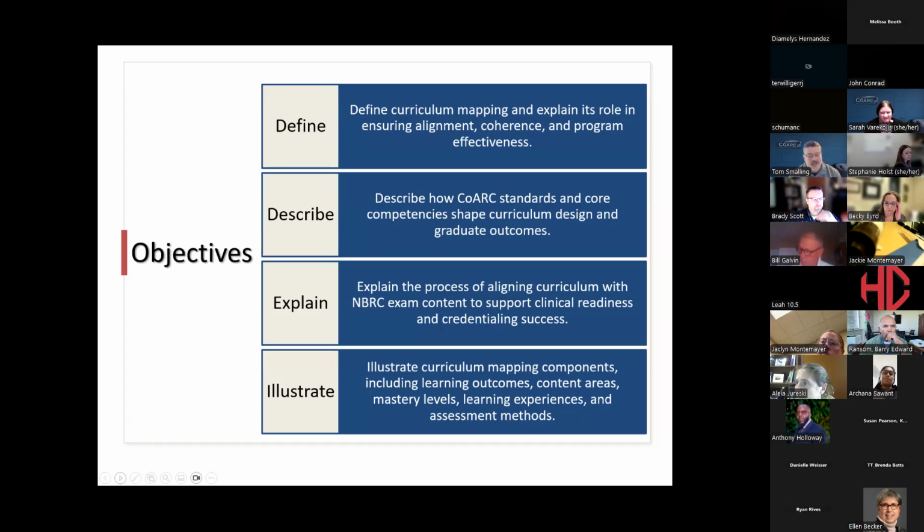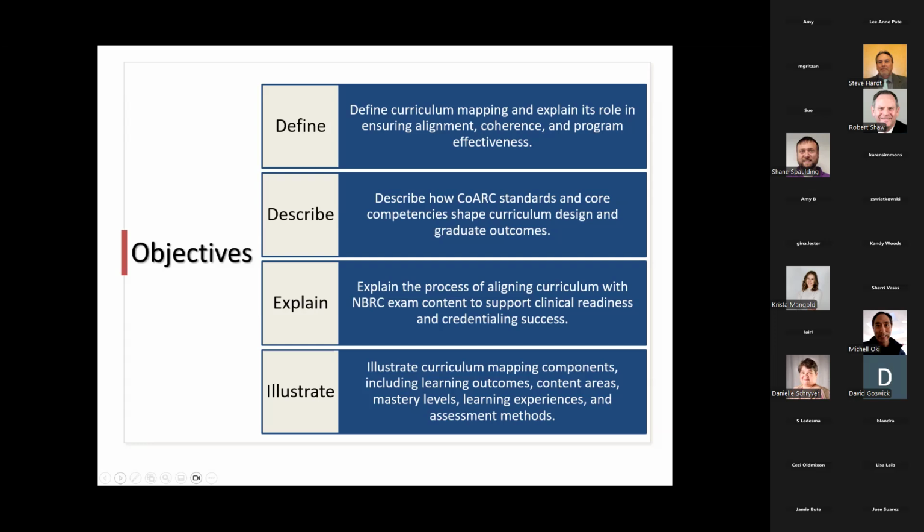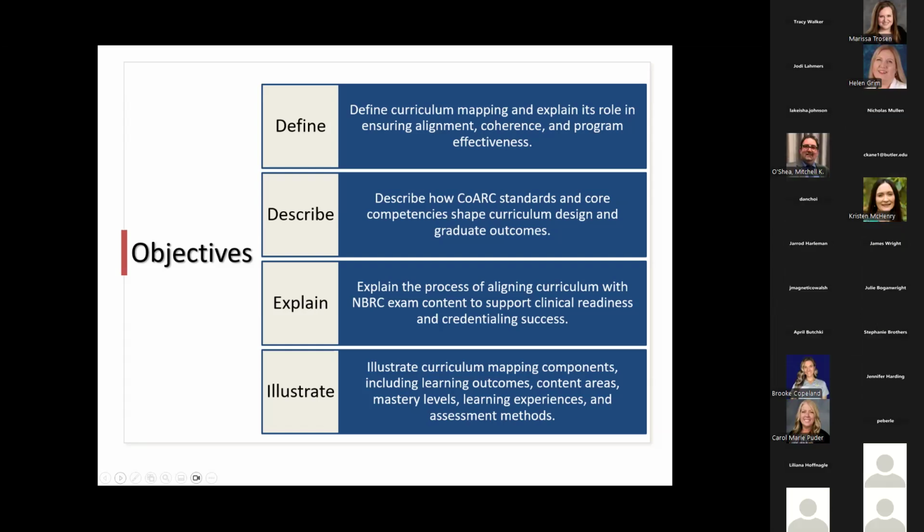Our focus today is just on a couple of sections, and we hope you can get something out of this. First, again, we're going to define curriculum. We're going to then describe the standards that are relevant.